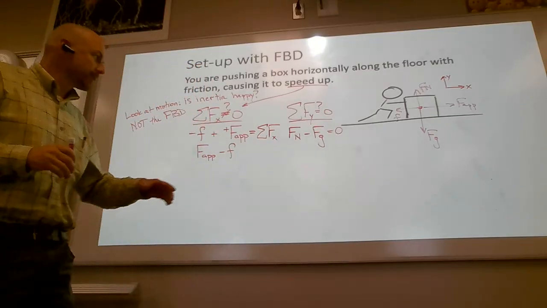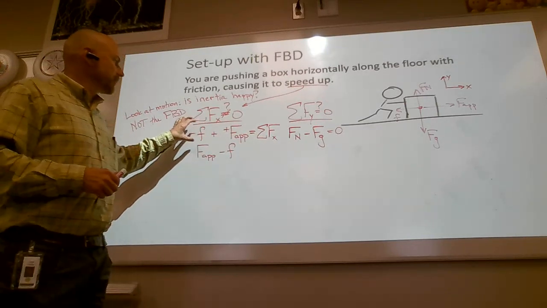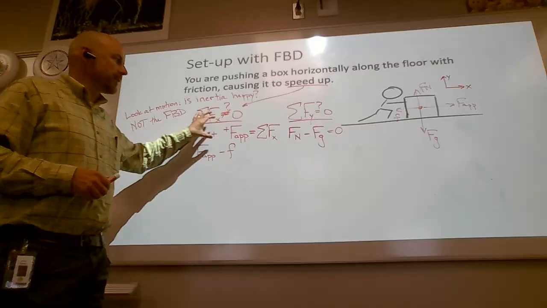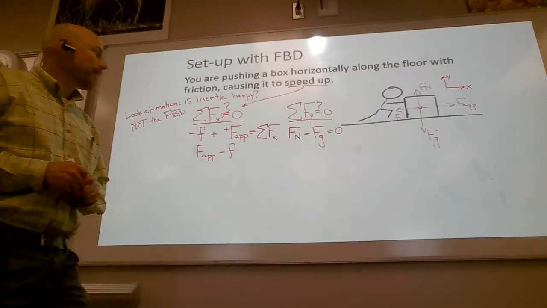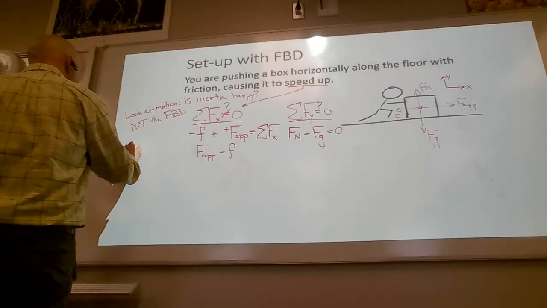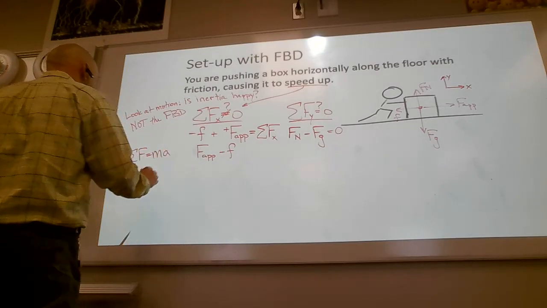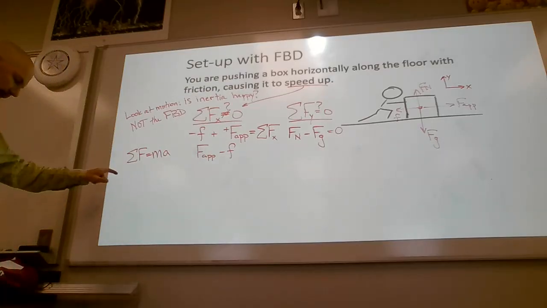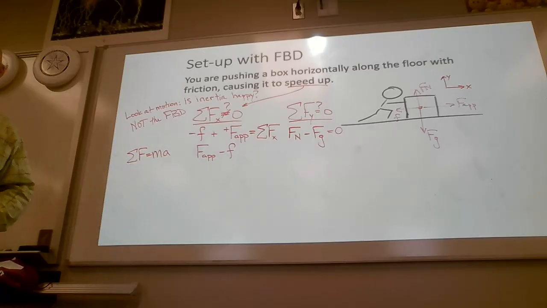The net force, the total force, is equal to all the forces in the x direction added up. Okay? But we're not going to stop there. We know from Newton's second law that the net force is equal to mass times acceleration.